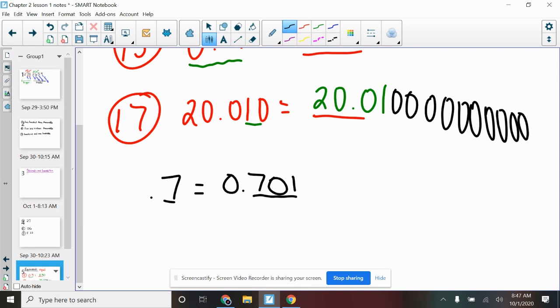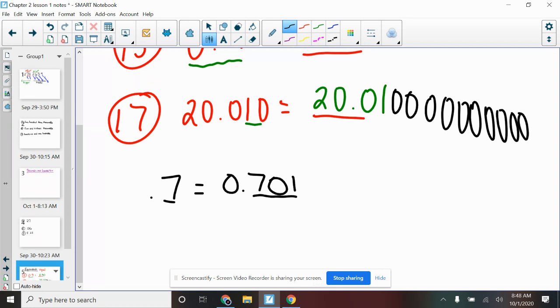Max? Right, it would be 0.500. That's what it would look like. And if I had to write its name, as Max just said, that number's name is 500,000. So you would write the words 500,000. Okay. Make sense? All right, I think you're good on that.